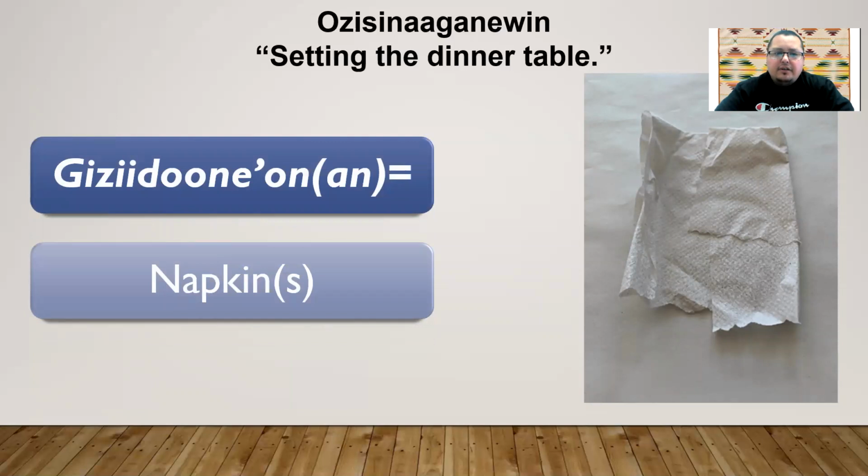Giziboonaagan, napkin, one napkin. Giziboonaaganan, two napkins or more.